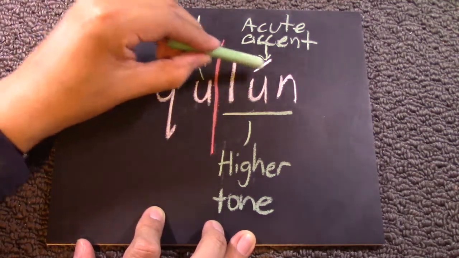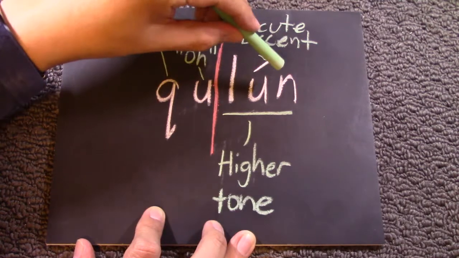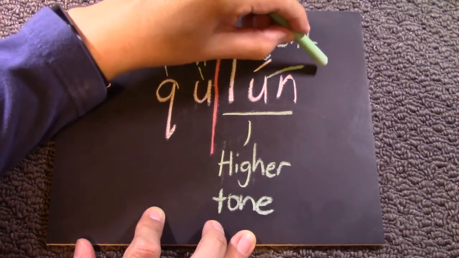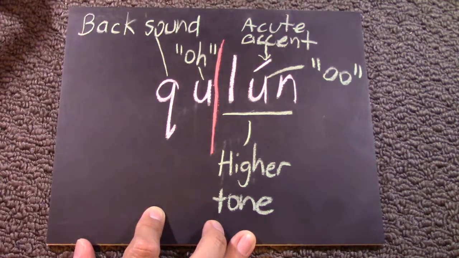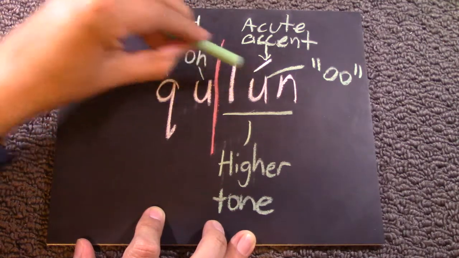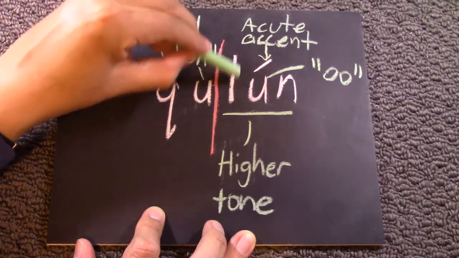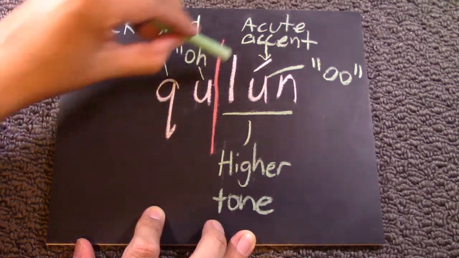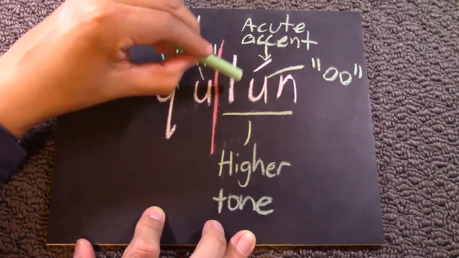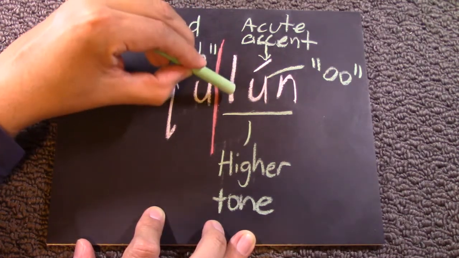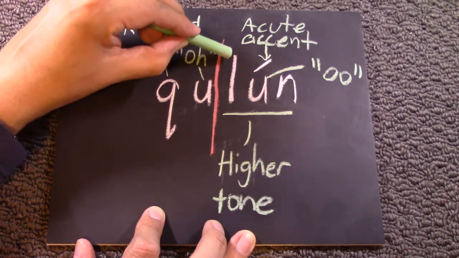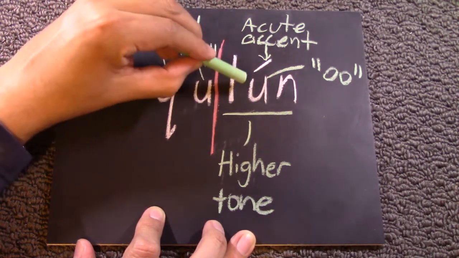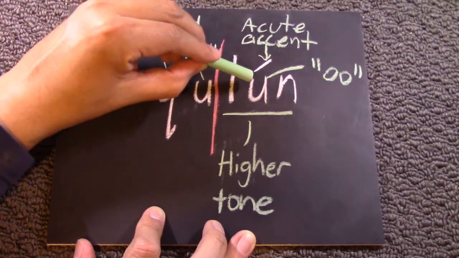The second thing that's different about this second U is that it sounds like ooh. So the difference between these two letter U's is the letter that comes before it. So with the second U, the L is kind of like a regular consonant. An L will not change the sound of a U or any other letter.